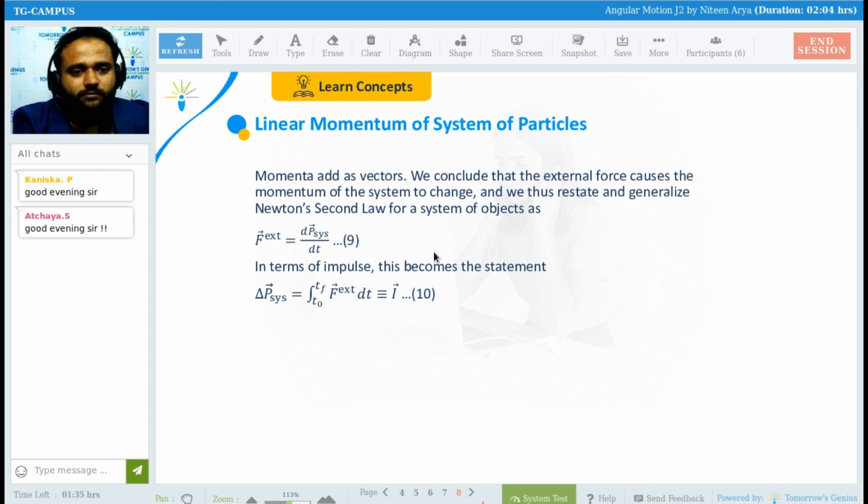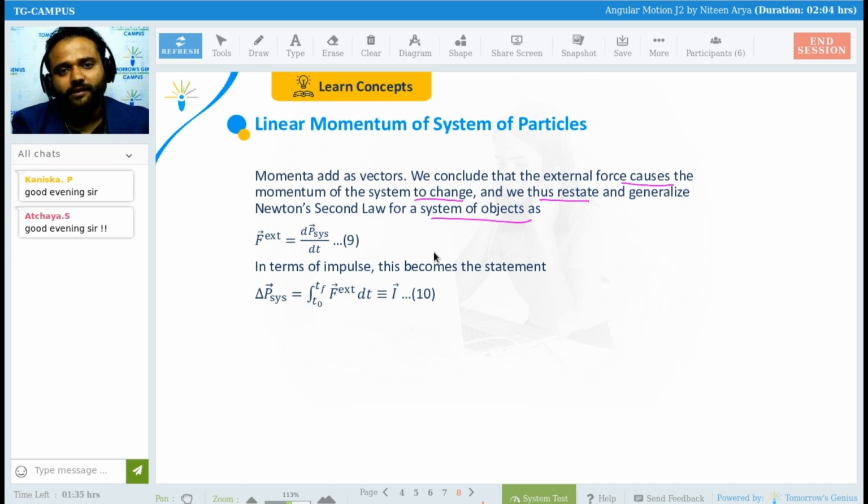Momentum acts as a vector, obviously. So we conclude that the external force causes the momentum of the system to change, and we thus restate the generalized Newton's second law for a system of objects as F external equals dp system by dt. What does it mean?